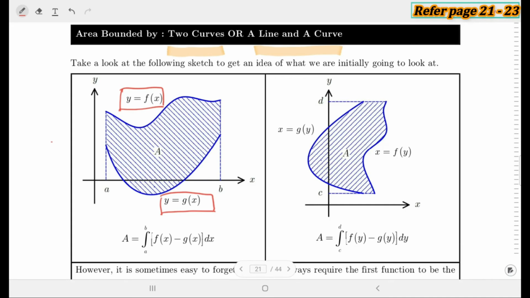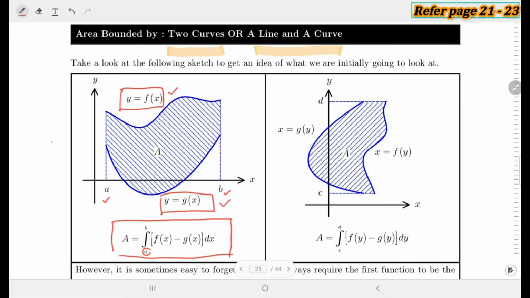For this case, how are we going to find the area? We subtract the upper function, f(x), minus the lower function, g(x). So this would be the formula when we have two curves or two functions. We have the limit from a to b.